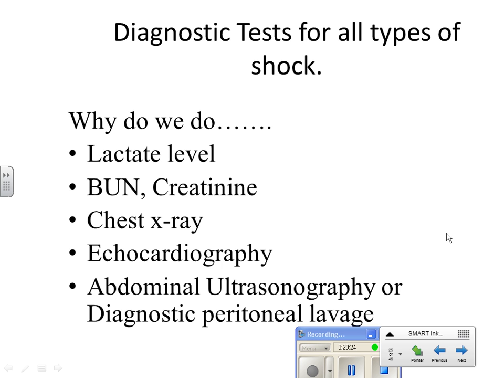So, diagnostic tests for all types of shock. Why do we do a lactate level? What is that going to tell us? About lactic acid. Right. And lactic acid is the byproduct of what? Anaerobic metabolism. So the higher the lactate level, that means the more cells have converted to anaerobic metabolism.